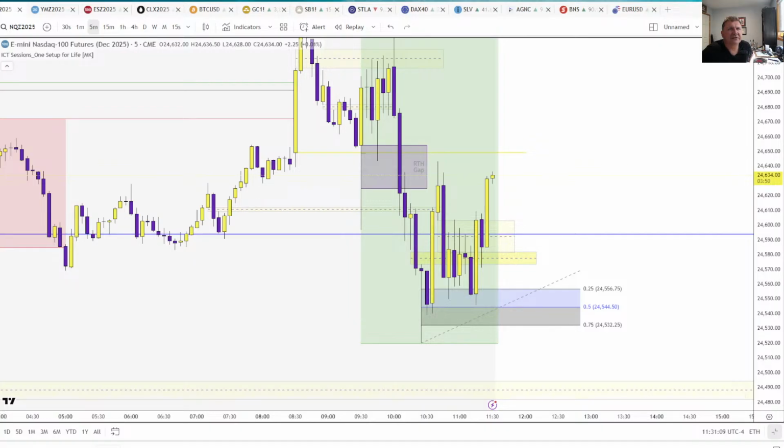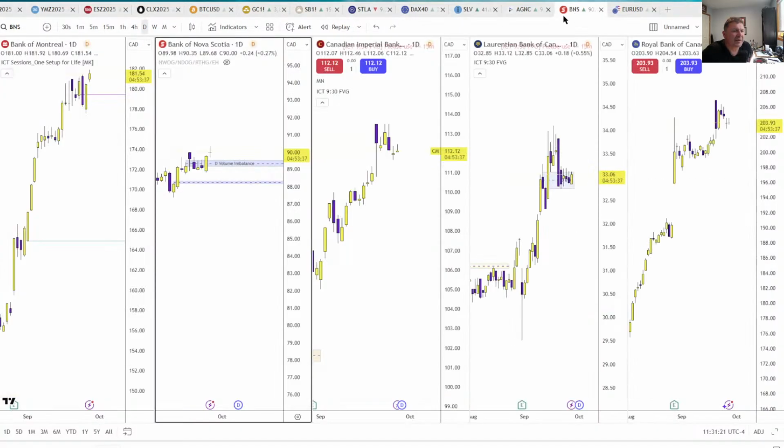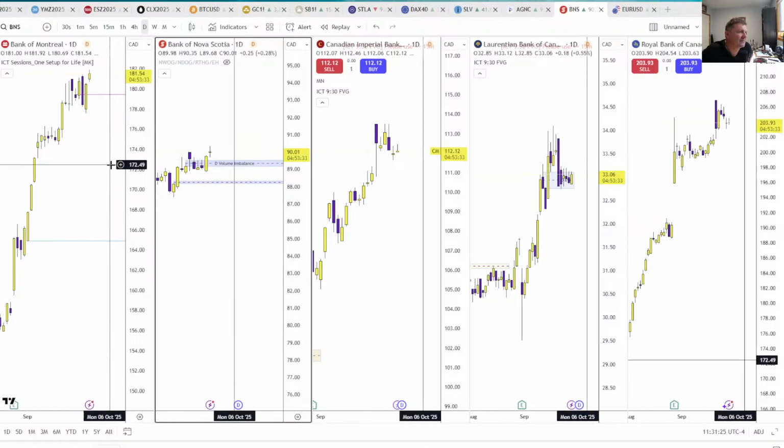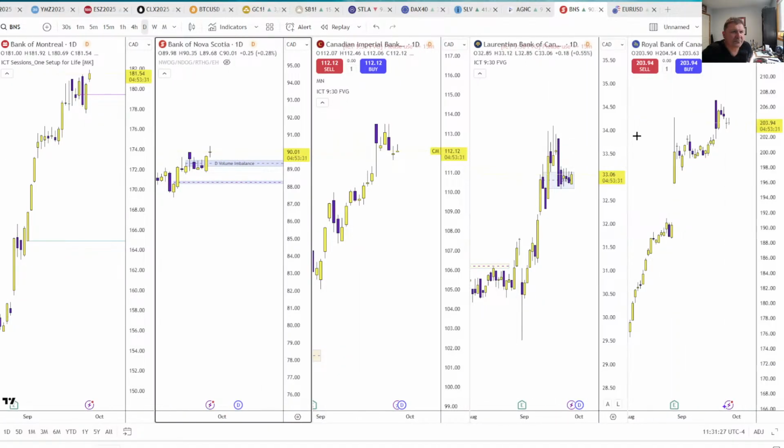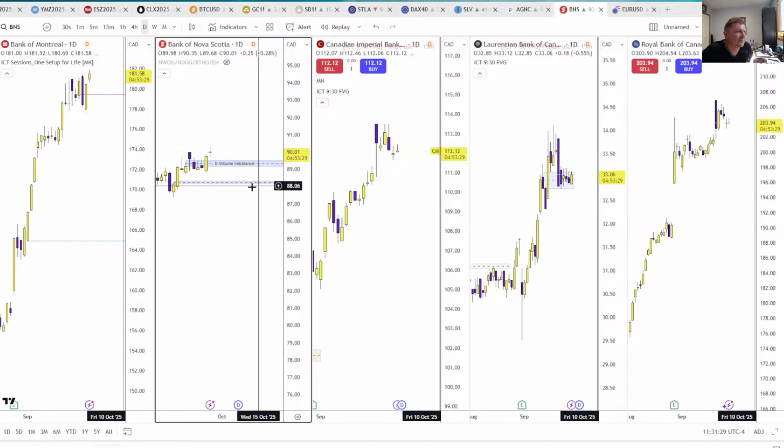Not long yet, so TD is good. I have them for swings. Oh, you mean like TD as a good brokerage account? I'm not crazy about that, but TD as a good trade setup, from a bank perspective. Do I even have TD in here? Laurentian, Royal Bank, no, Canadian bank.